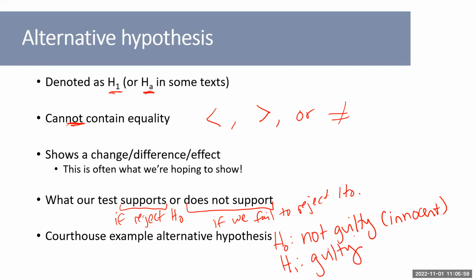If we reject the idea that he's not guilty, we have overwhelming evidence to suggest this is not true. He's not innocent. Then we have evidence to say this one must be true instead. So rejecting the null means that we throw this one out in favor of this one. And you can use that approach as you go.